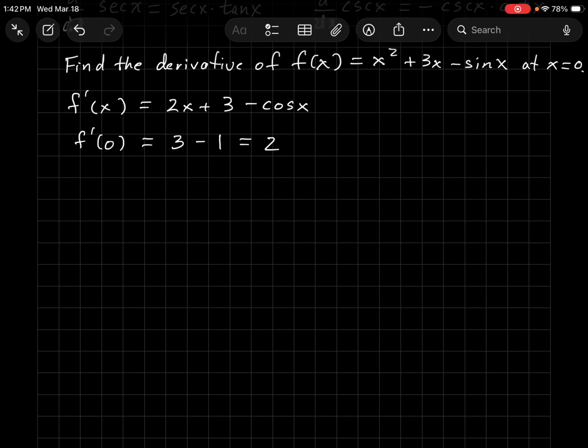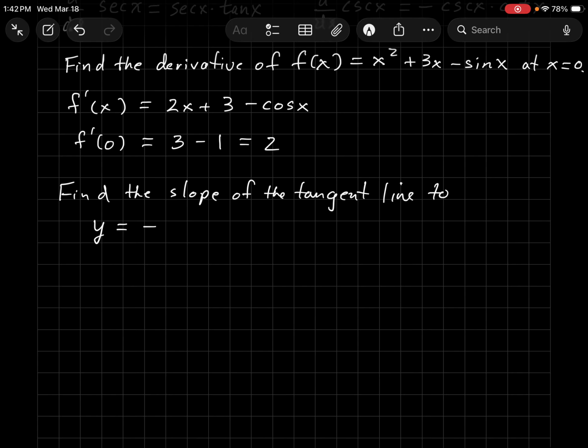Another example. Let's find the slope of the tangent line. And let's say to y equals negative 3 cosine x plus tan x at x equals pi over 4.